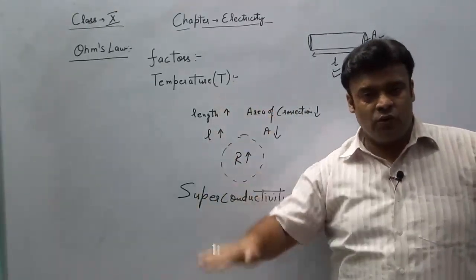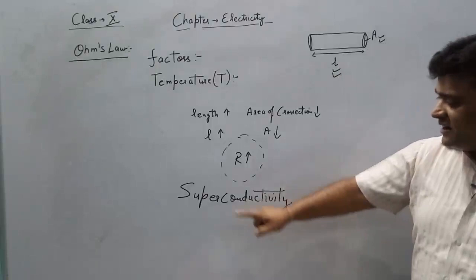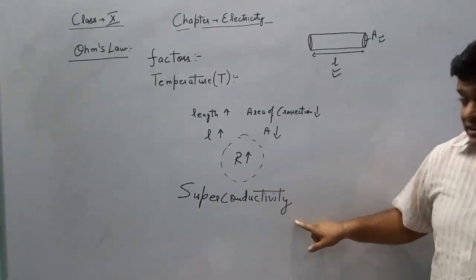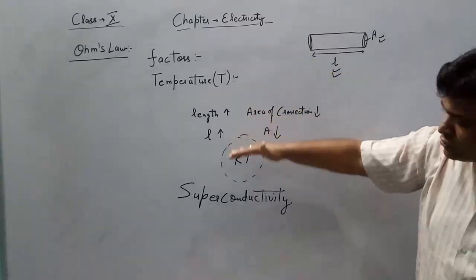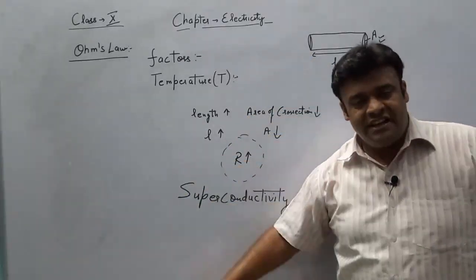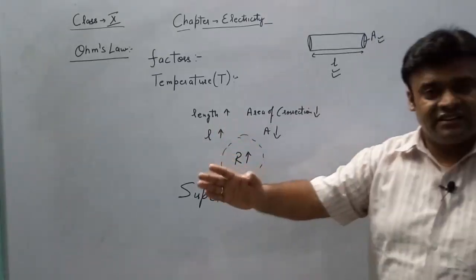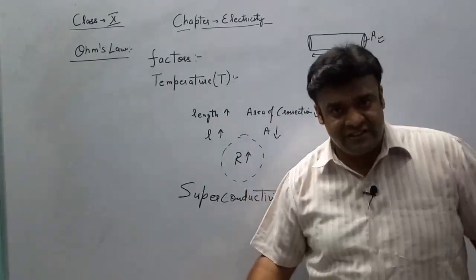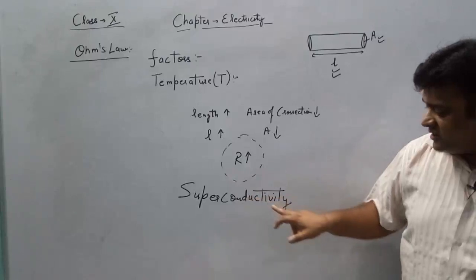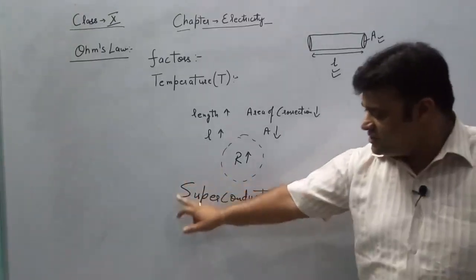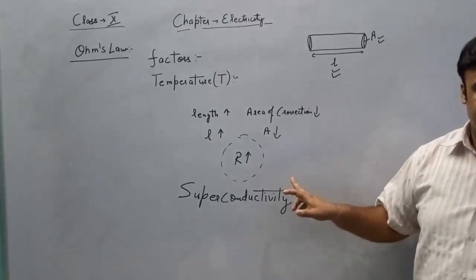At a very low temperature, we can attain a condition of superconductivity. That is, the resistance of that material decreases and becomes negligible, and conductance, that is current conducting through that wire, increases. This condition is attained at a very low temperature, and it is known as superconductivity.